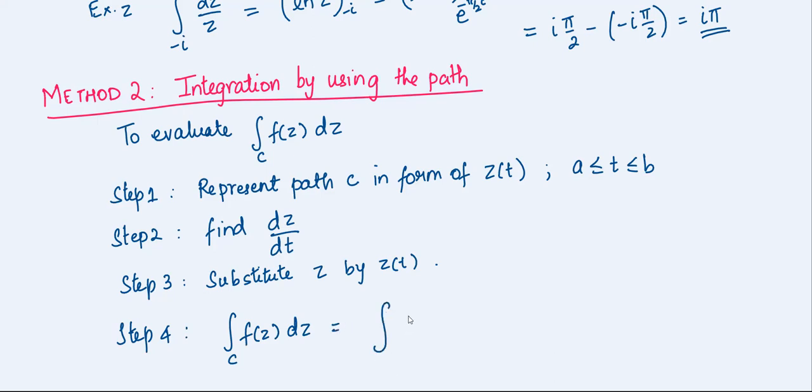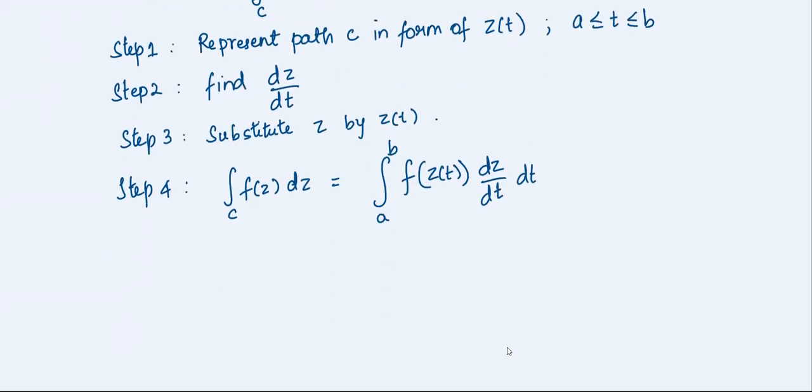This becomes integral of f of z, replaced by the parameter, and dz replaced by dz by dt times dt, where t varies from A to B. By evaluating this, you can find this integral.